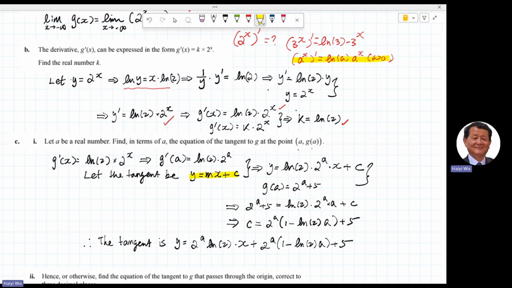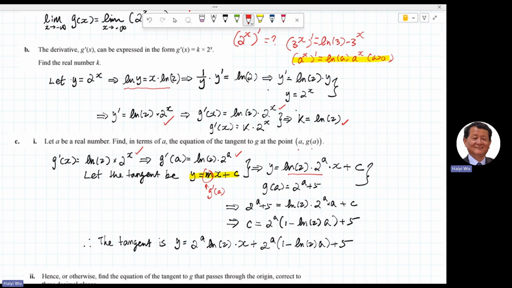M is the derivative of g when x equals a. So we substitute a into the derivative of g(x) to get m. M is ln 2 times 2 to the power of a.